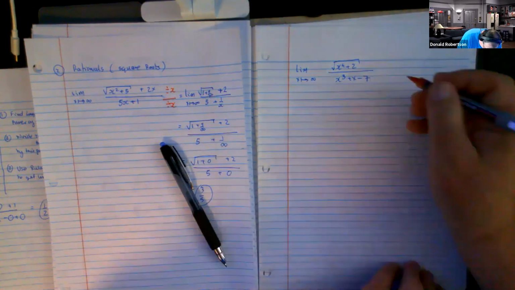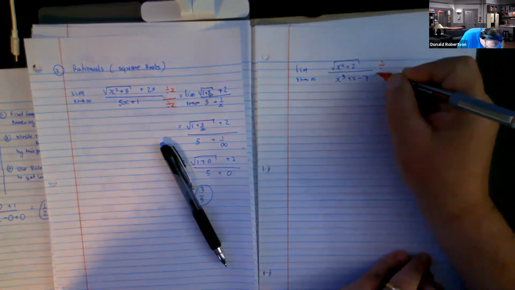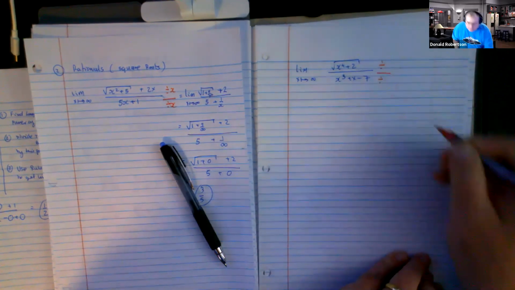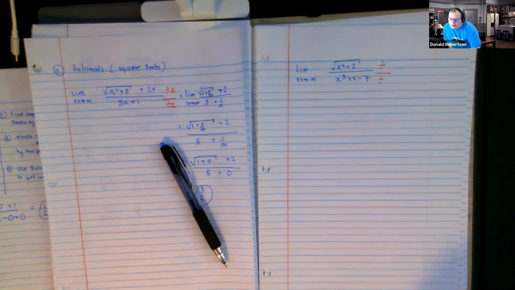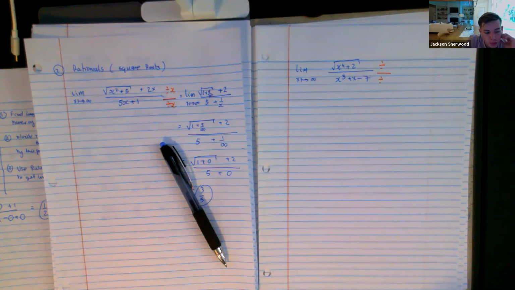What is the largest power of x here? And it's not x to the 4. Remember, x to the 4 really isn't x to the 4. It's really worth x squared. So what's the highest power of x in this expression? X cubed.